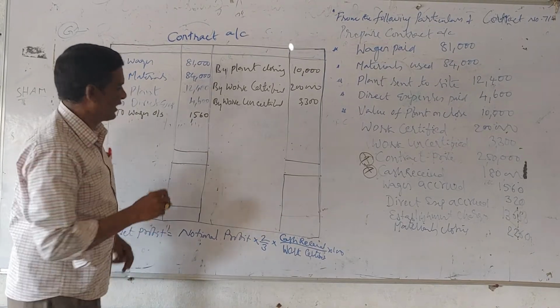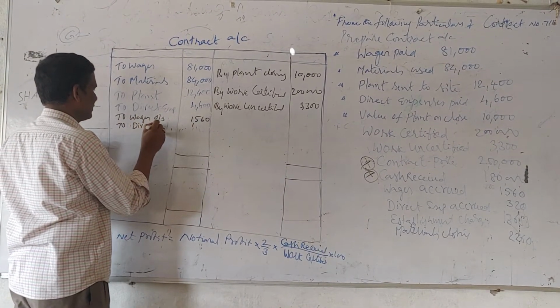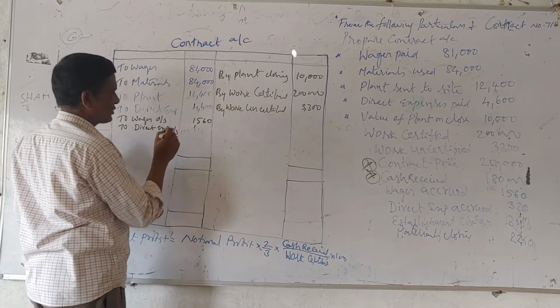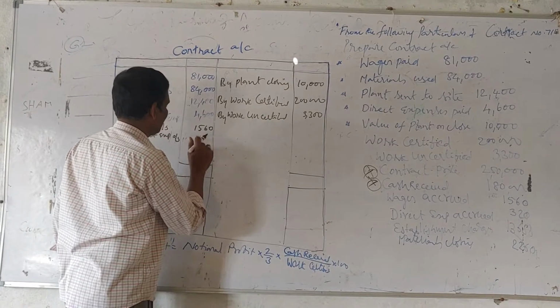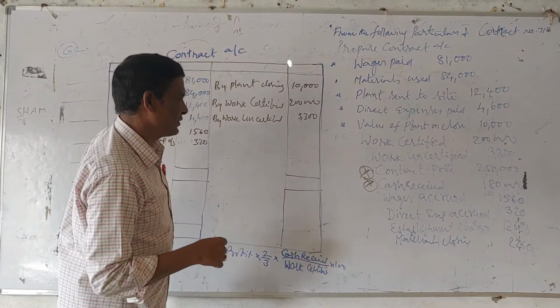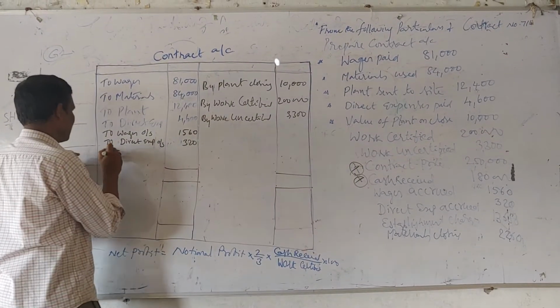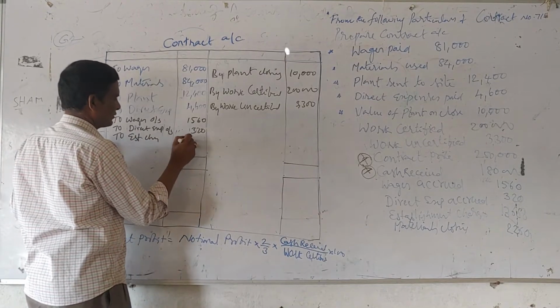Then direct expenses also accrued, that means outstanding, 320. And establishment charges 3,600.